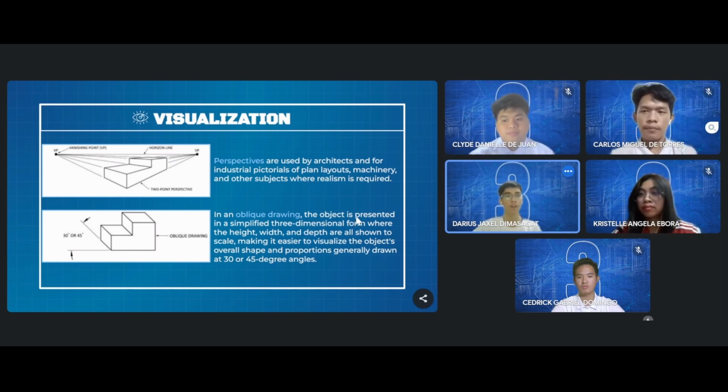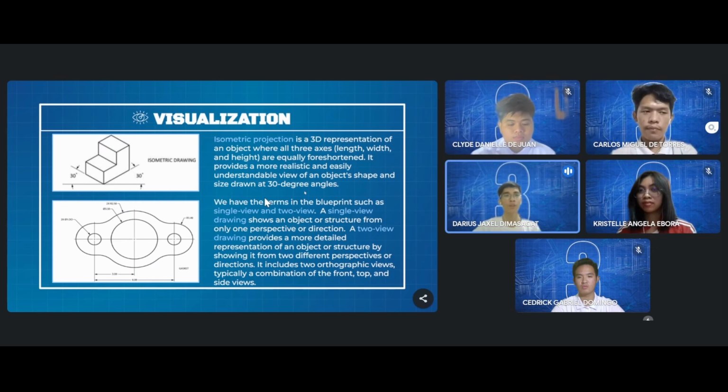Oblique drawings are a way to represent objects in a simplified three-dimensional form, showcasing their height, width, and depth to scale. This makes it easier to visualize the object's overall shape and proportions, and is generally drawn at 30 or 45 degree angles.